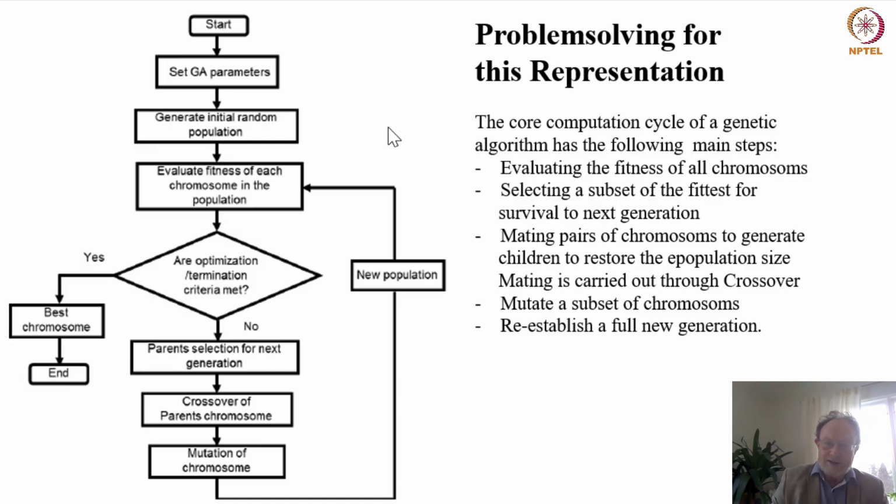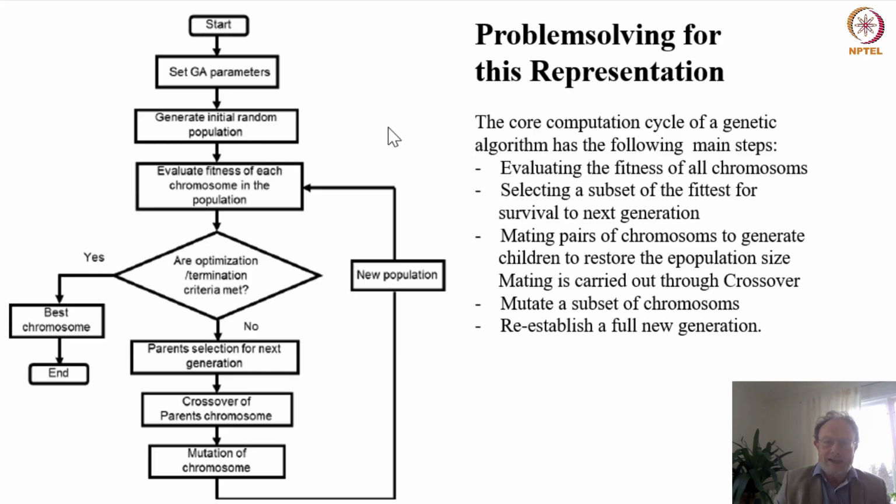The rest are discarded. Then the selected ones are also allowed to mate. Pairs of the remaining ones, the ones who are fittest, are allowed to mate to generate children to restore the population size.